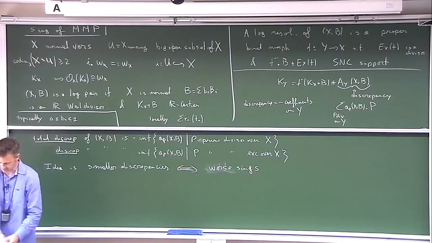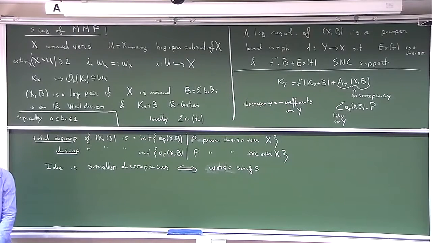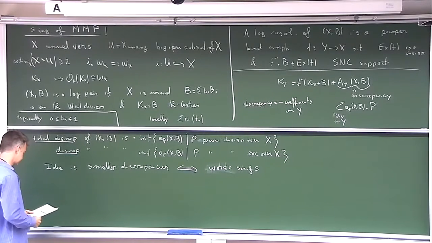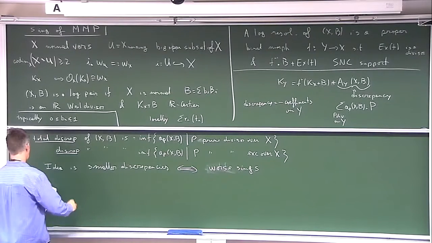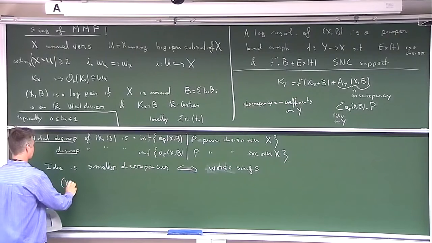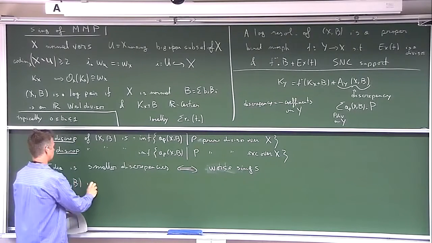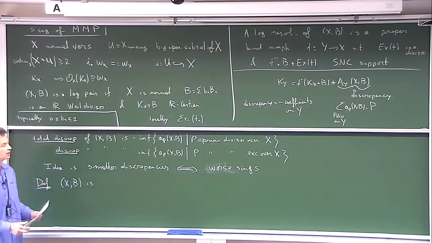Maybe let me skip that remark. First of all, let me give you the definition. So in this spirit, we define the following singularities. So first of all, we say definition. So (X,B). Excuse me, is it ever clear that this is always a negative number? That the discrepancy is always a negative number? I didn't say that. No, of course not.